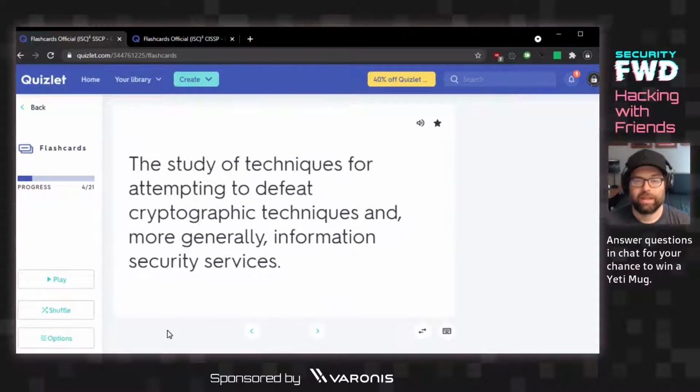All right. The study of techniques in attempting to defeat cryptographic techniques and more generally information security services. So this is one of those nuanced multiple things. They're asking for the general study of this and not the specifics of the implementation, which is something that comes up a lot.